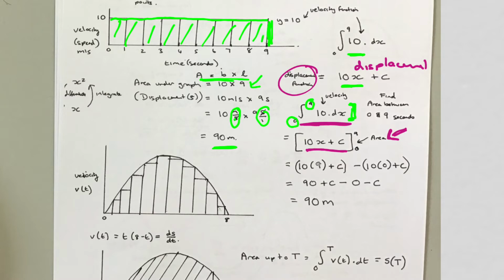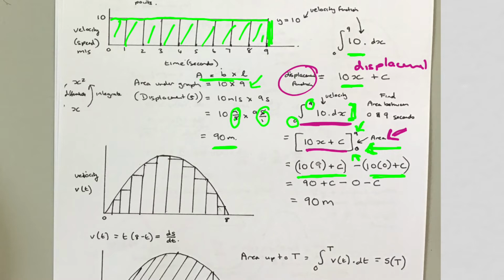If you go and you use the integral, so this is now called the integral function once you have already integrated it, and you've got 10x plus c, then what you do to work out the distance is you take the big value and you plug it into the formula that you've got. And then you take the little value, and again you plug it into the formula that you've got.